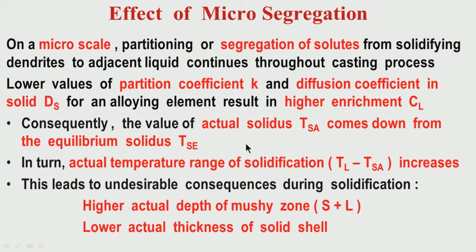All alloying elements will segregate, because for all alloying elements the partition coefficient k is less than 1. Now, it is a question of which value is lower.